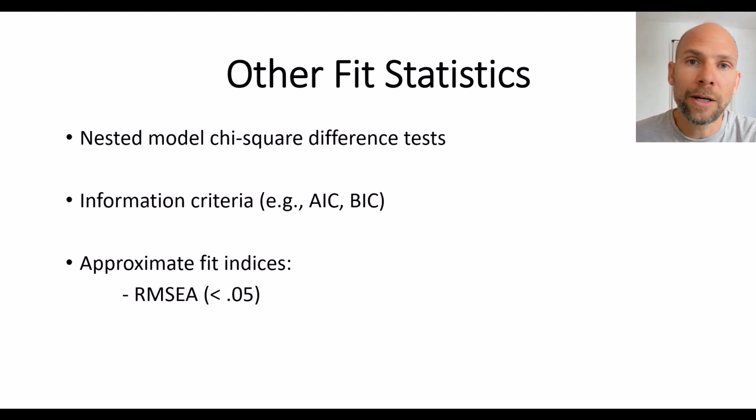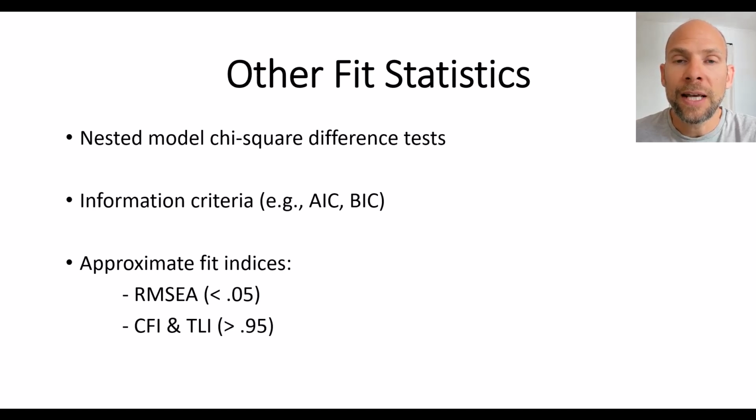So one commonly used one is the root mean square error of approximation, RMSEA, which is an approximate fit index where values smaller than or equal to 0.05 are commonly seen as indicating adequate model fit. There are also comparative fit indices that compare the model that you specify to a target or null model, so a baseline model.